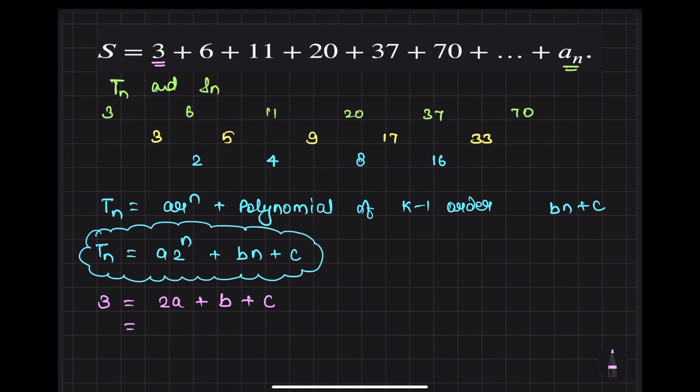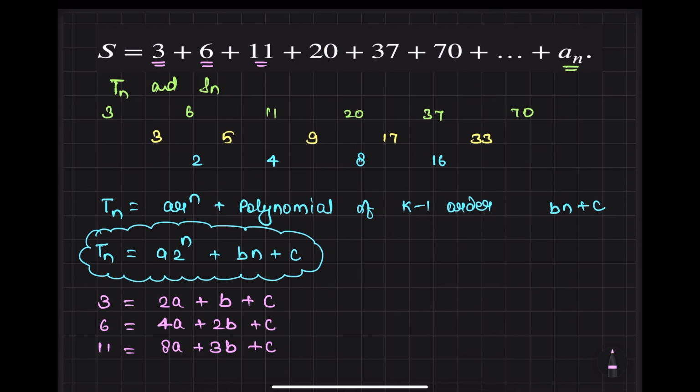We have 3 variables a, b, c, that's why we are creating 3 equations. So we have 4a plus 2b plus c, and the second term is 6. Now using term 3, it is 8a plus 3b plus c, and we got 11.